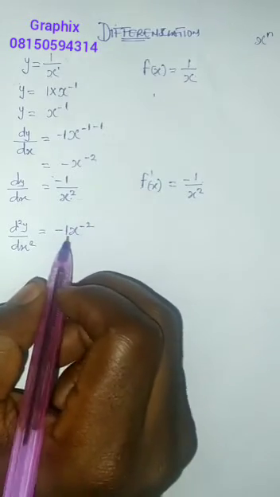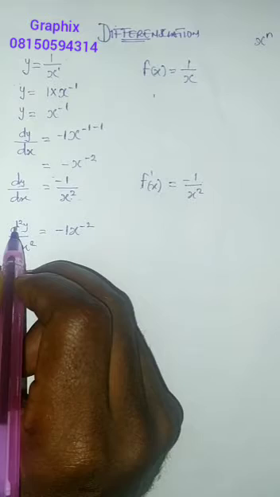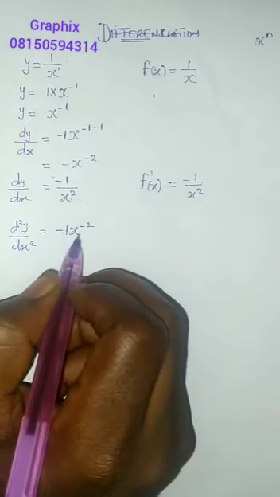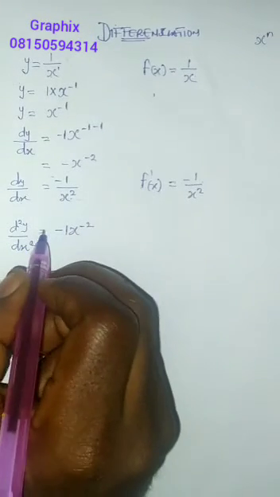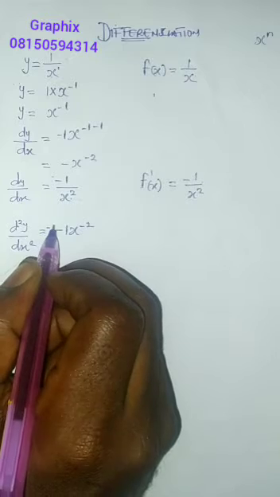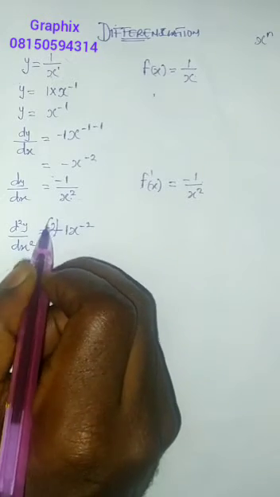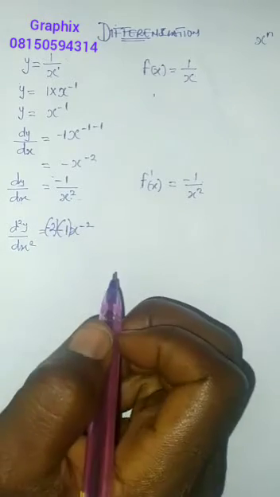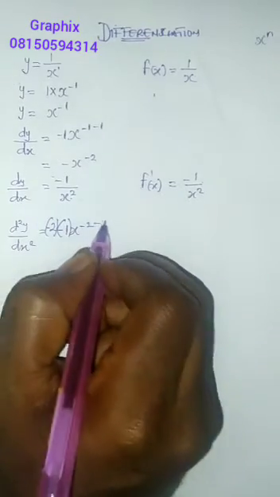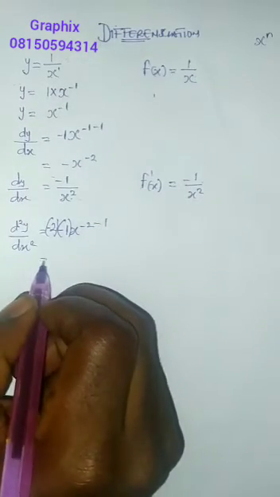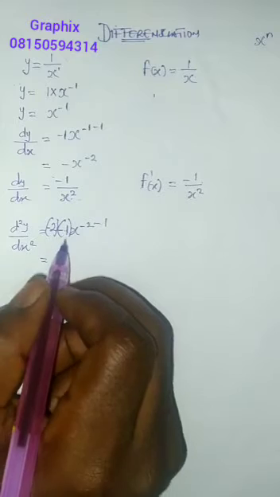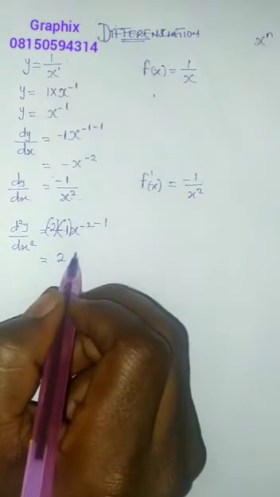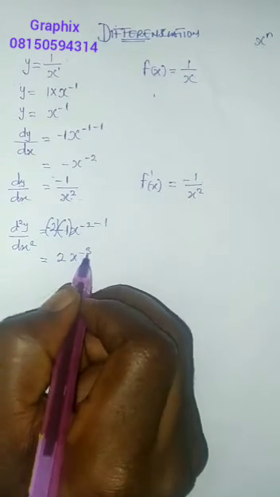It will go back again. So from here, since I've written d squared y over dx squared, I will differentiate. So this minus 2 will come down and multiply this minus 1 here. Is that taken? And I'll subtract 1 from it. So this will give me 2, since minus 2 times minus 1 gives you 2, x to the minus 3.